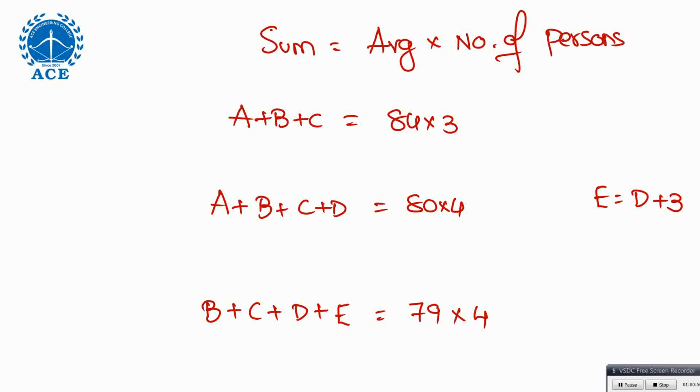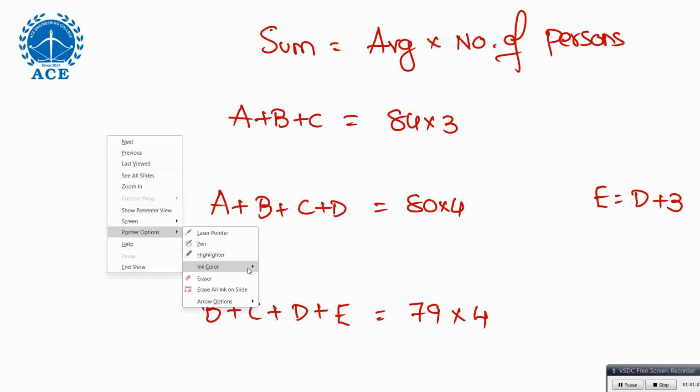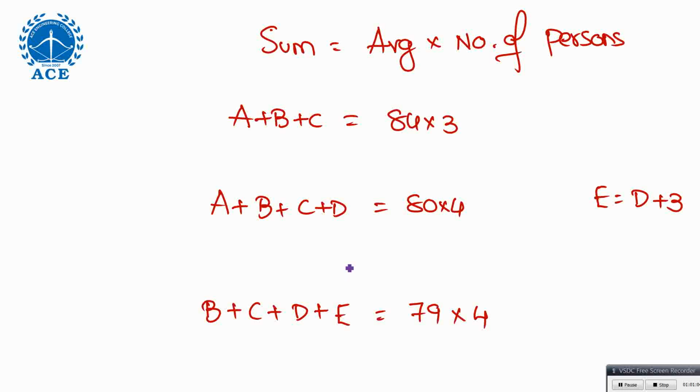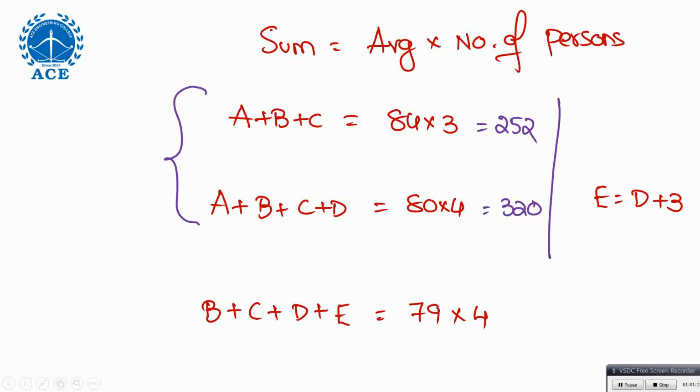Okay, you got the equations. Now, just by handling these equations, people can easily find the value. Using the first two equations, you are able to find the D value. ABC common, D extra. How much value extra? 68. So D equals 68.